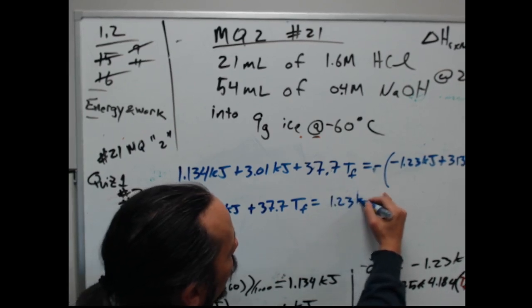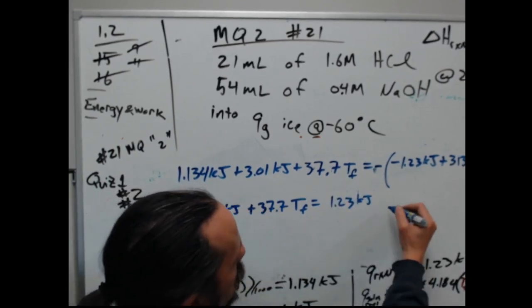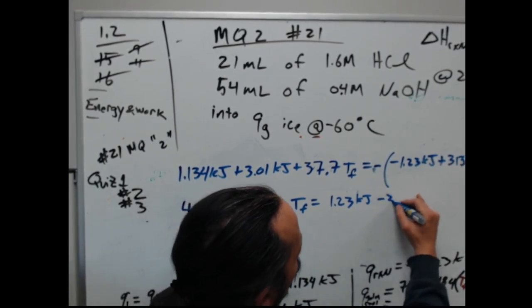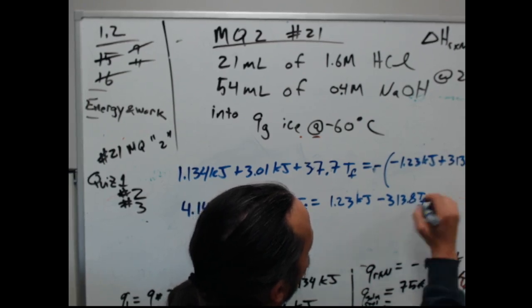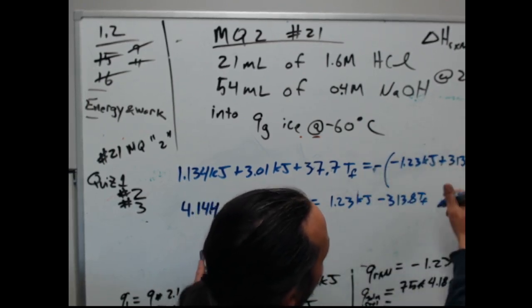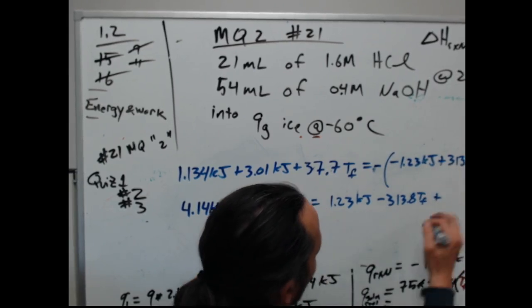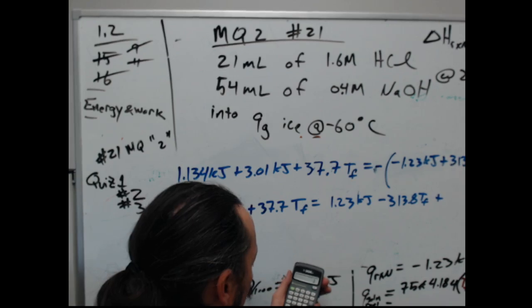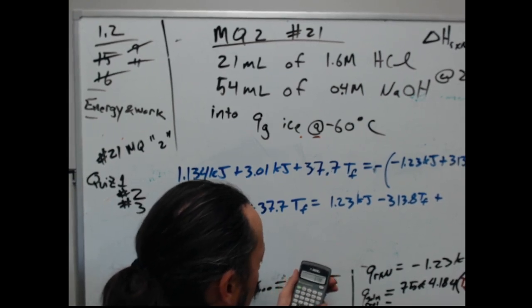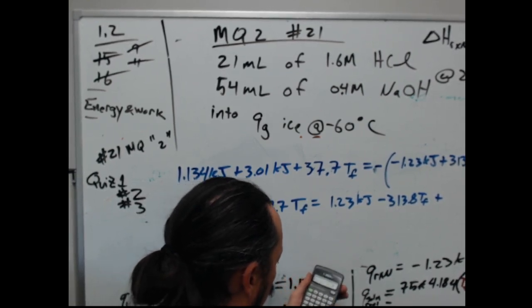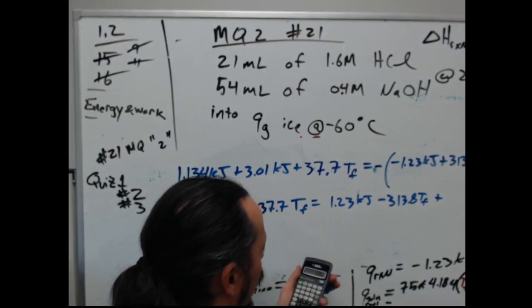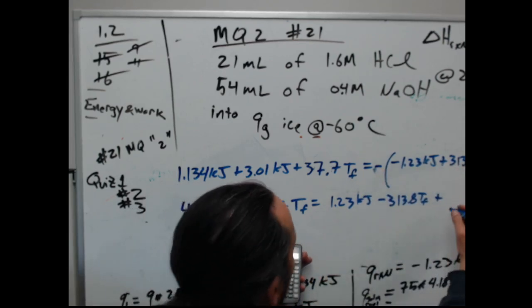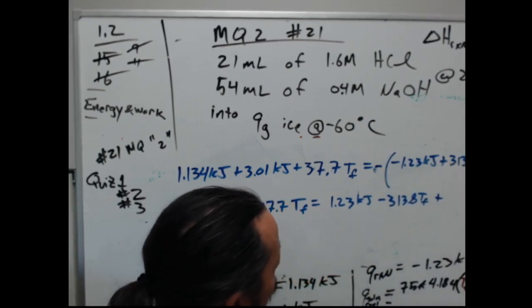1.23 kilojoules minus 313.8 T final plus 313.8 times 20. Negative and negative will cancel, plus, did I do that right?